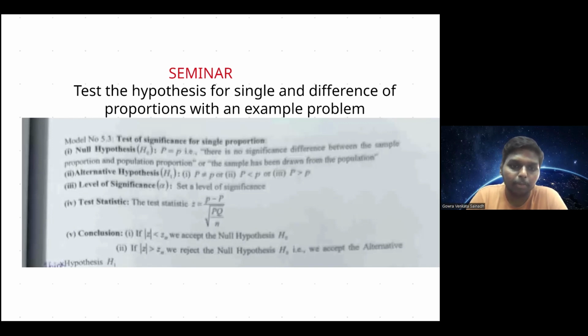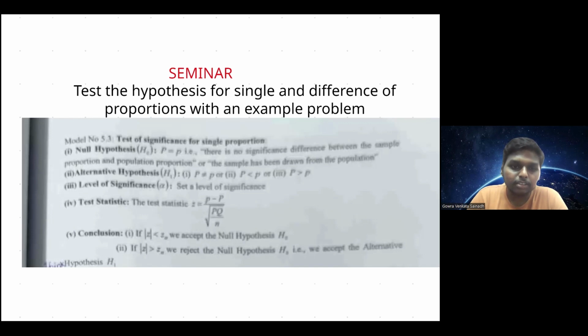We have the formula Z equal to (p minus P) by square root of PQ by n. Here p and P are the sample and population proportions and n is the sample size. By this test statistic we can give the conclusion that we either accept the null hypothesis or reject the null hypothesis by accepting the alternate hypothesis.